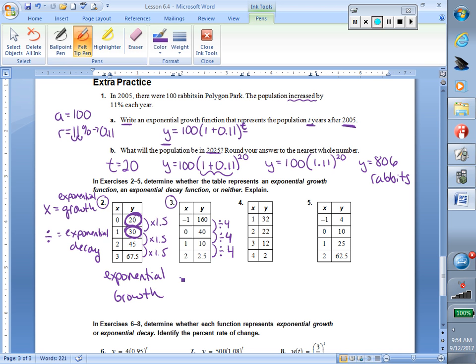My pattern is division. So because it's division, I know I have an exponential function. And now more specifically, because it's division, we're decreasing, so we are decaying.